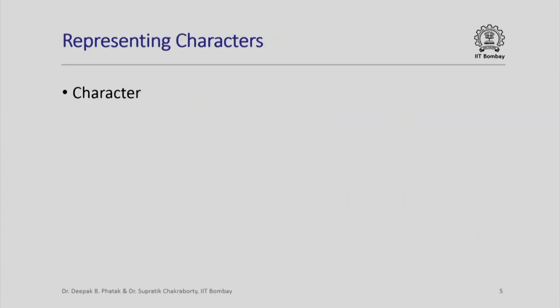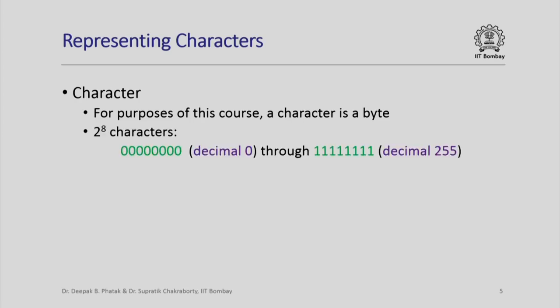Now when we try to represent a character in a computer, a character is going to be represented by a byte, that is 8 bits. Since you have 8 bits and each bit can take on either 0 or 1, you can represent 2 raised to 8 or 256 different characters, and the valuations of the corresponding bytes would range from all zeros to all ones.